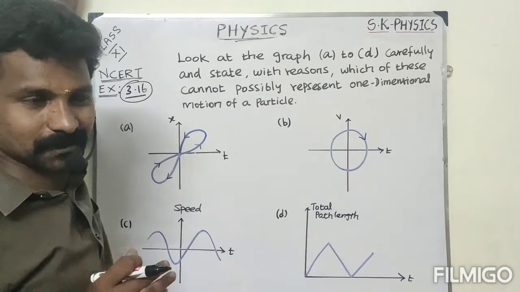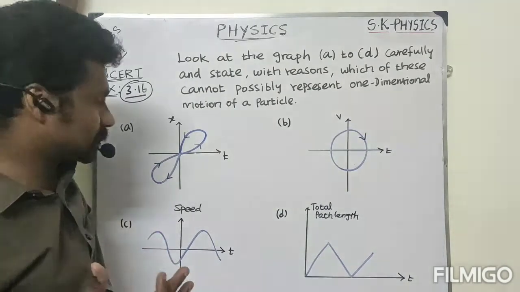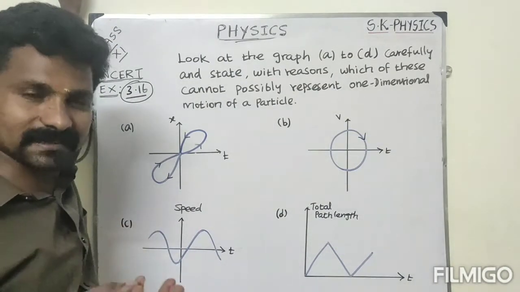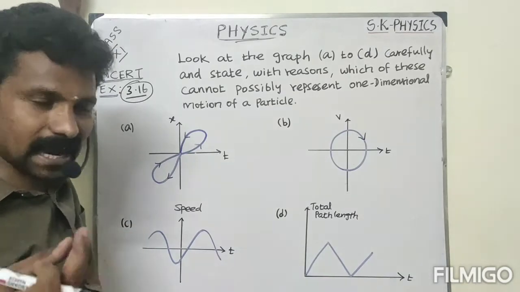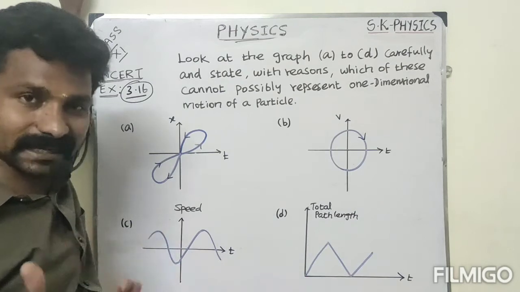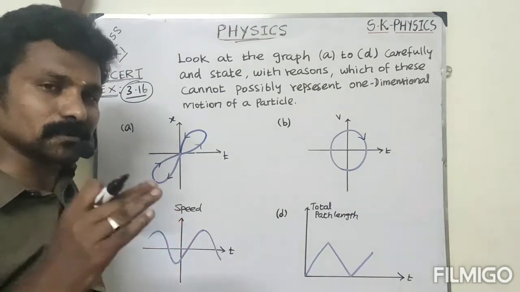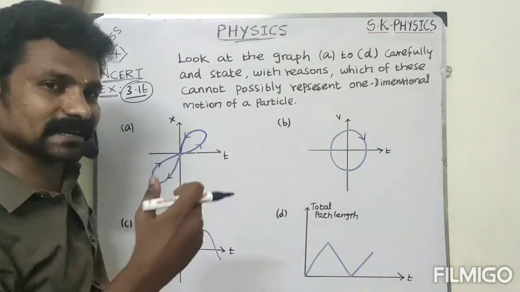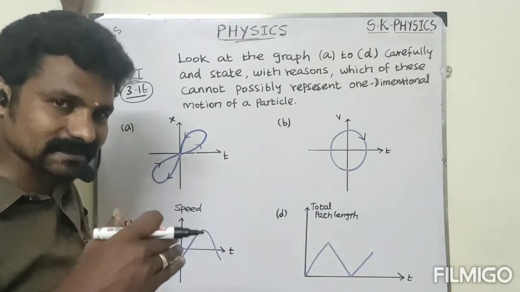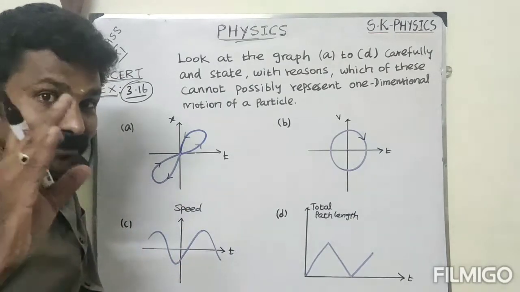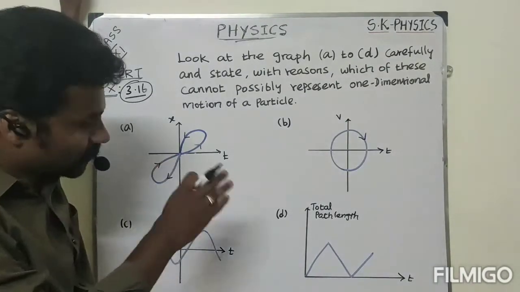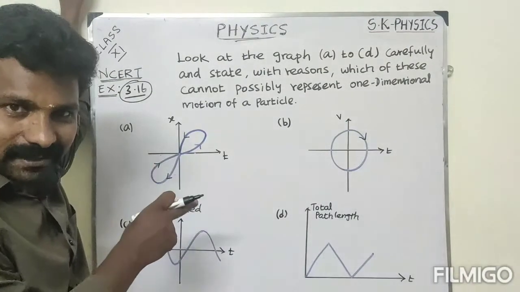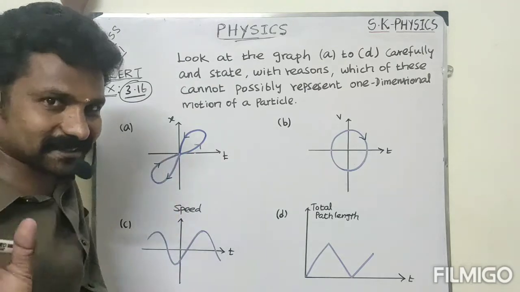We know there are so many ideas about position, displacement, speed, velocity, path length, and their variation with time. So by using those ideas and experience, we are going to judge whether each graph is correct or not.